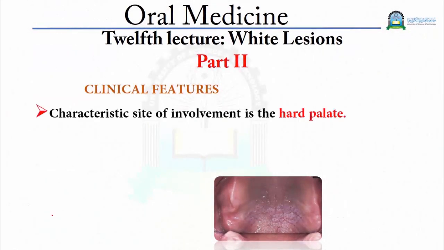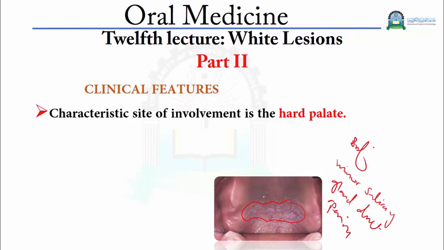Clinically, the characteristic site of nicotinic stomatitis is involvement of the hard palate. As we see in this clinical picture, there is a wide white patch with pinpoint red dots. These red dots represent the minor salivary gland duct openings.